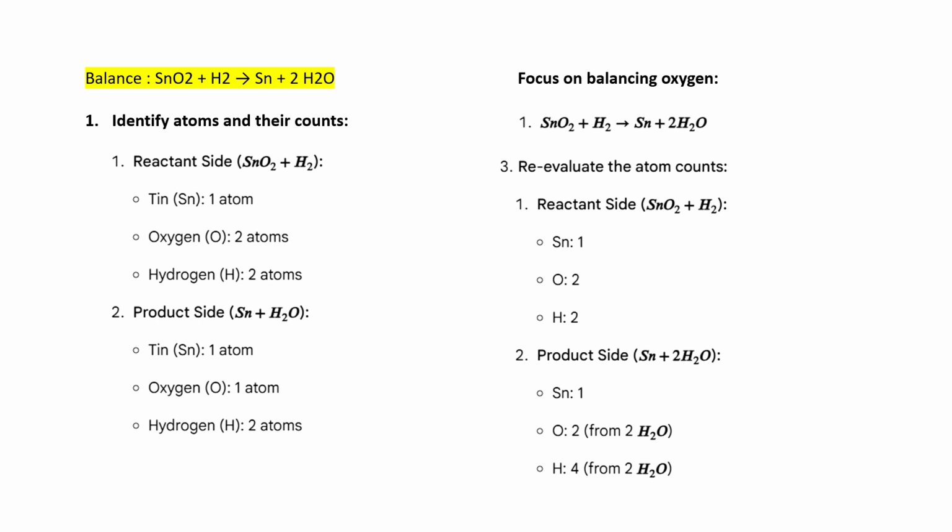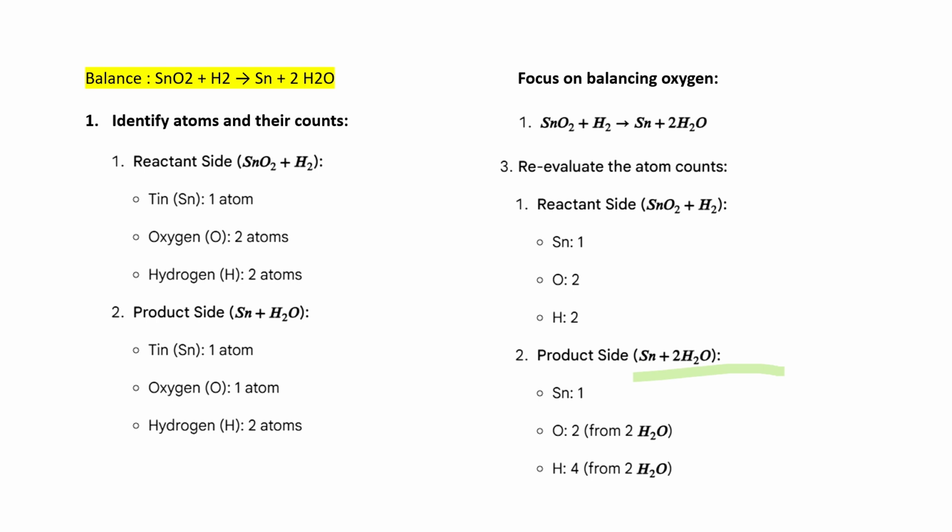So as I said before, we'll focus on balancing oxygen. So we'll say SnO2 plus H2 becomes Sn plus 2H2O. Now we've balanced the oxygen so far. And now we have to reevaluate the atom count.